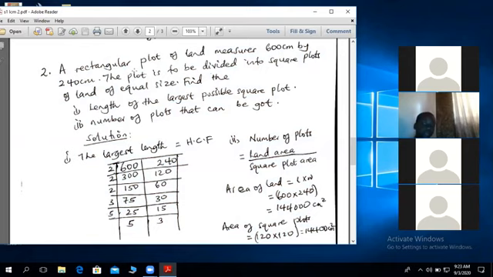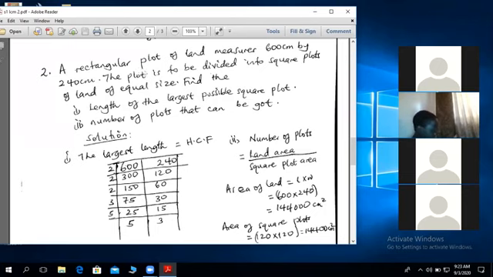So since this land is rectangular, it means 600 centimeters is the length and 240 is the width. That's what the question means. Like your piece of paper which you are having there. So you have a plot of land which is equivalent to that piece of paper you are having there.